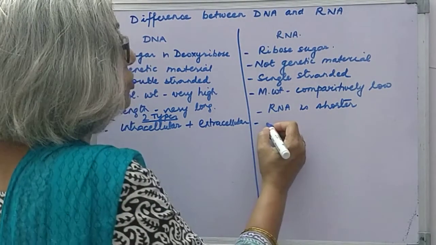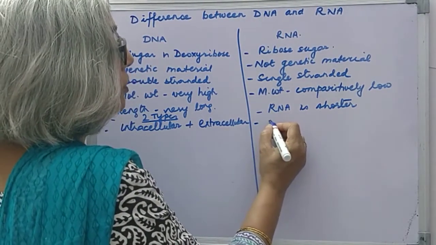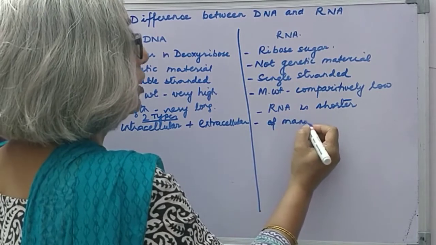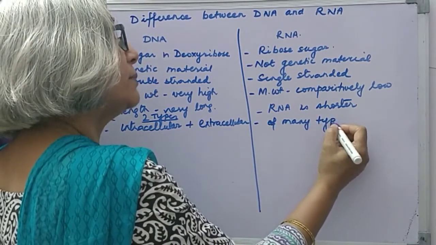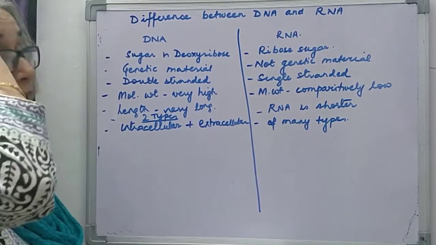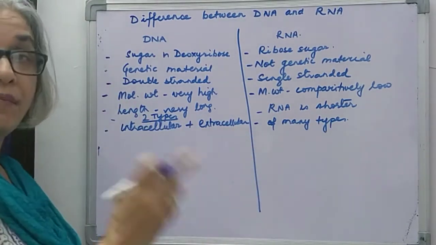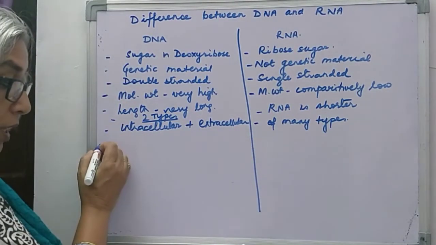And RNA is of several types. I have already told you it is of many types, but the 3 important types of RNA are ribosomal RNA, messenger RNA, and transfer RNA.